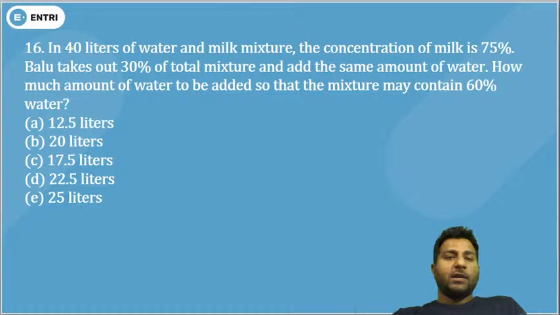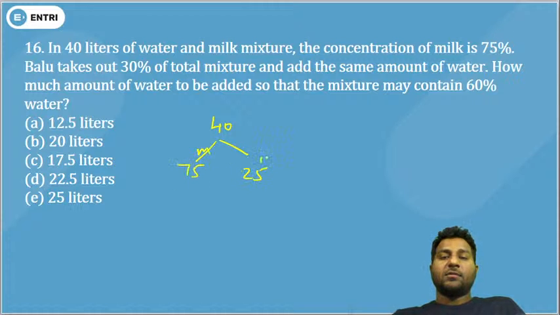Next, in 40 liters of water and milk mixture, the concentration of milk is 75%. That means water was 25%, so the ratio will be 3:1.